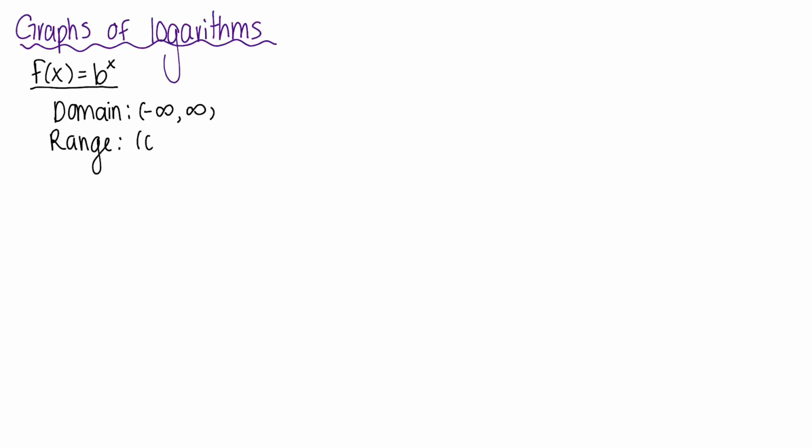Okay. So with an exponential, b to the x, we already know the domain and range. The domain of an exponential is negative infinity to infinity, and the range is from 0 to infinity. Because logarithms are the inverse of exponentials, we can expect the domain and range to just be flipped.